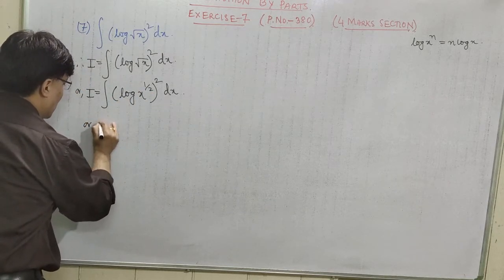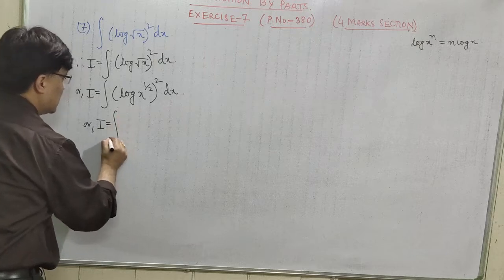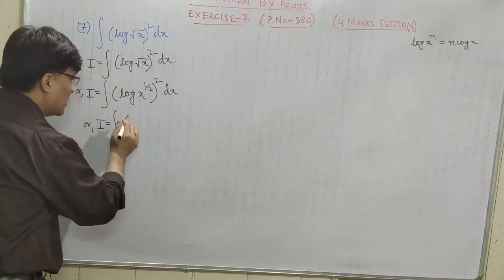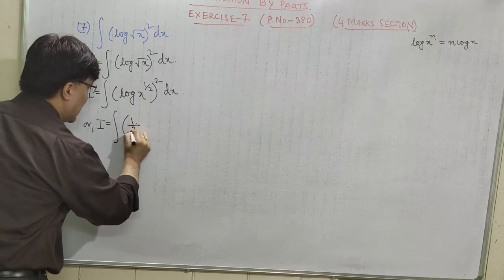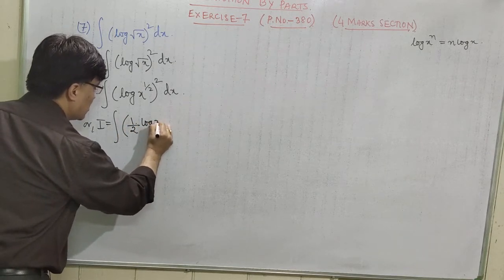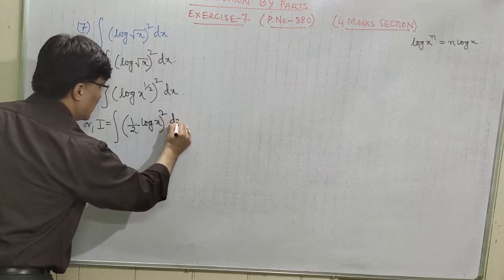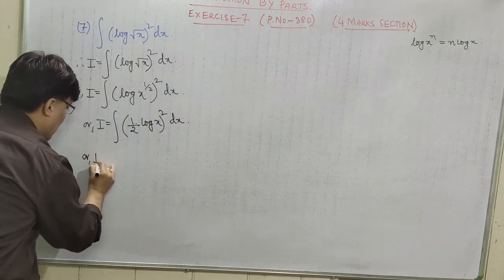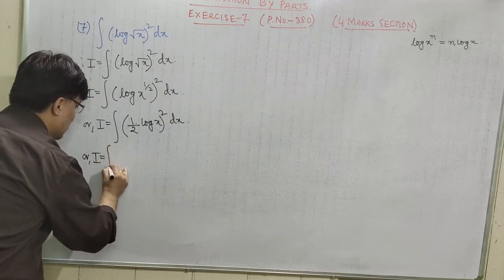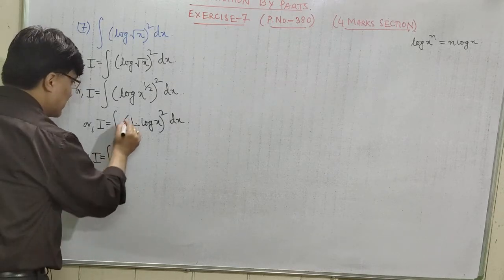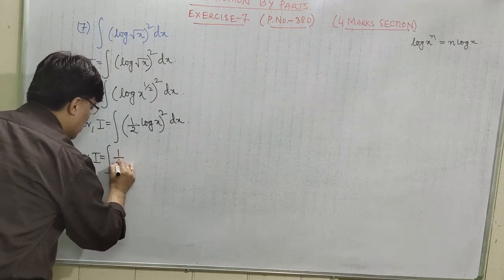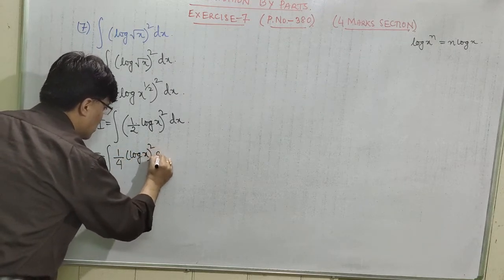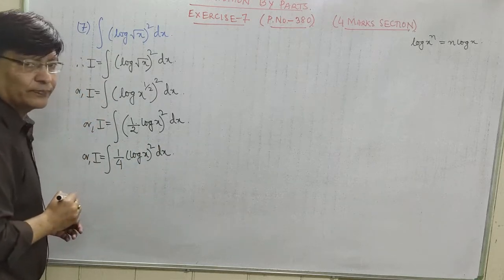Or I is equal to integration of half, but it is within bracket, so it is half log x whole square dx. Is that clear? Next, you can simplify it further, half whole square is 1/4, then it is log x whole square dx.